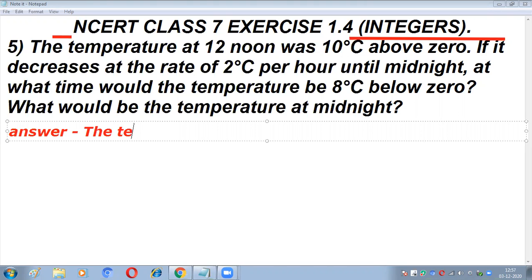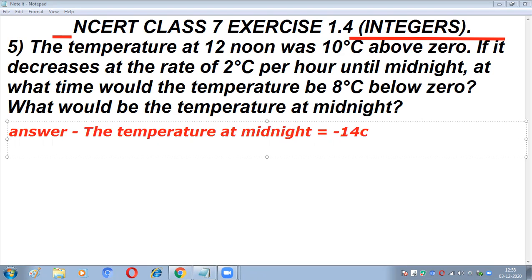The temperature at midnight is equal to minus 14 degrees Celsius. So the temperature at midnight was minus 14 degrees Celsius. So the temperature part is clear. Now the timing part we have to clear.